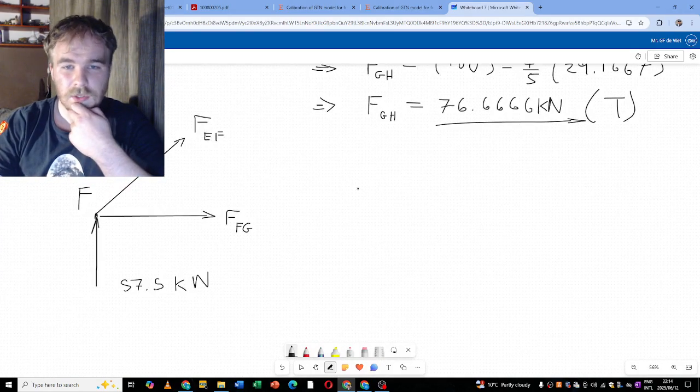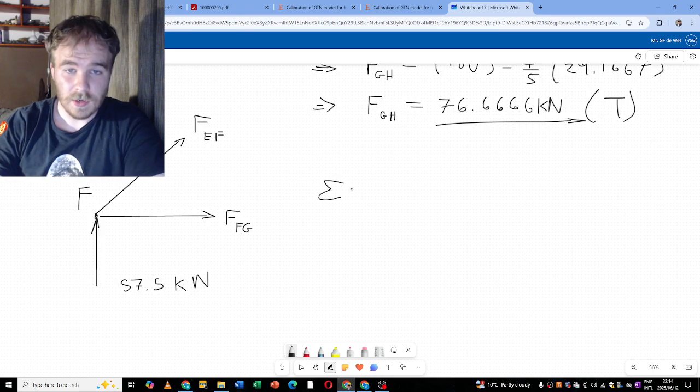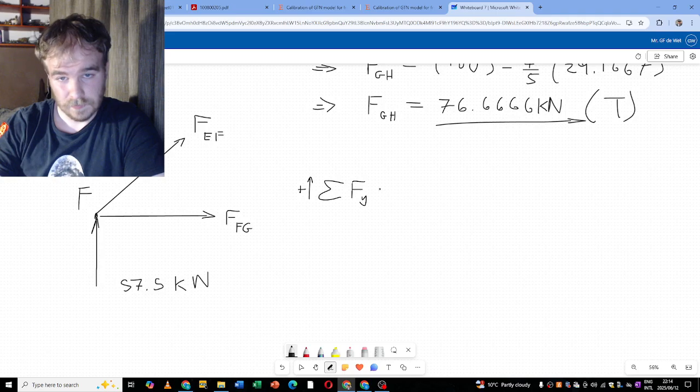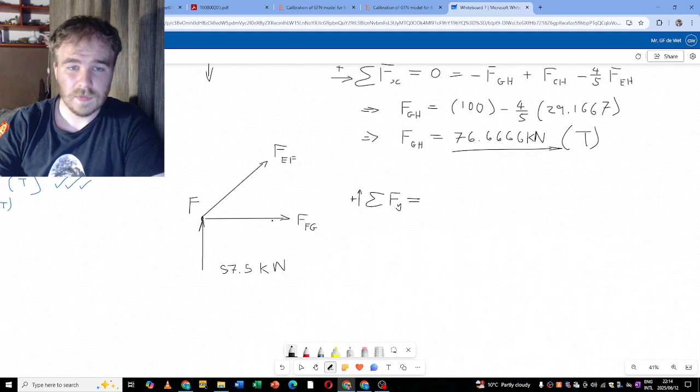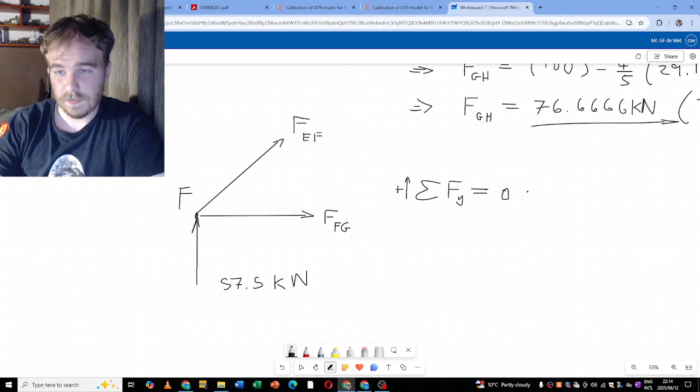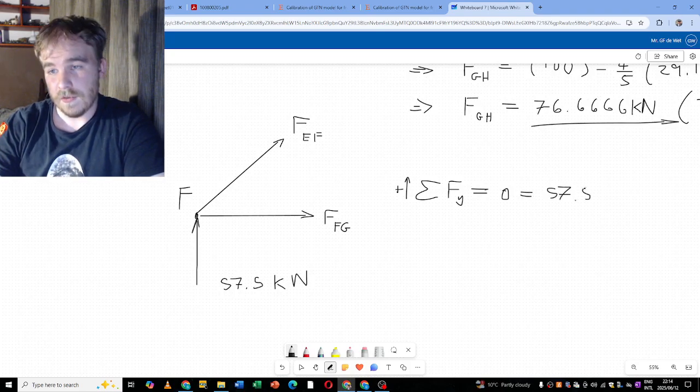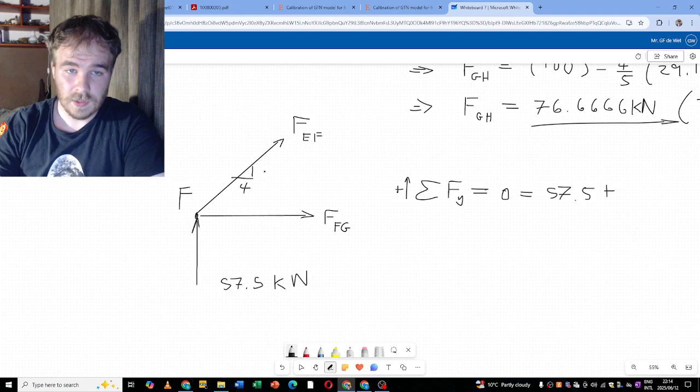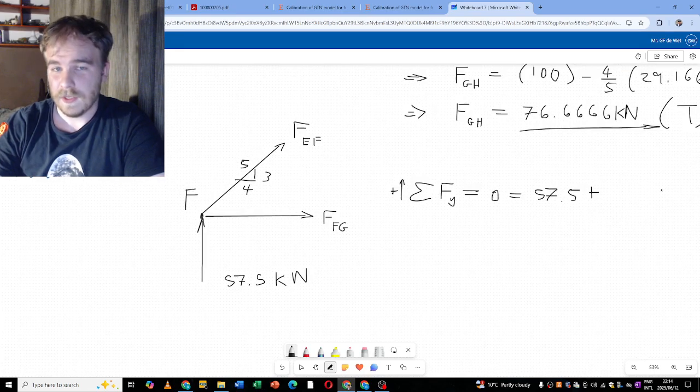Okay, let's do the sum of forces in the Y direction is equal to 0. It is equal to 57.5 plus, and I forgot to add a little triangle over there. This is 4 in the X direction, 3 in the Y direction, and 5 in length.